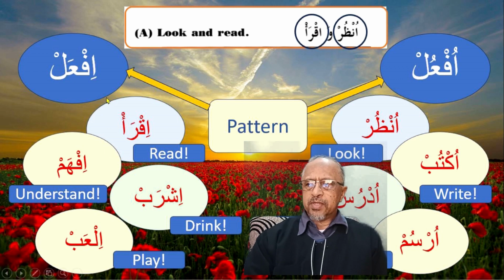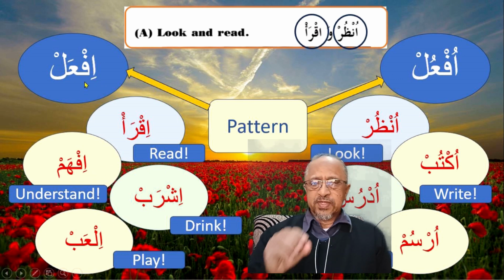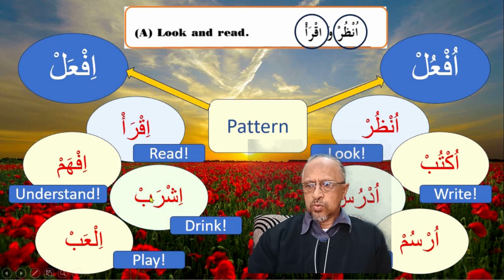So once again, the pattern here is if'al. All the words will start with the I, followed by a sukoon on the first radical or root letter, and then an a sound, a fatha: iqra, ifham, ishrab, il'ab.